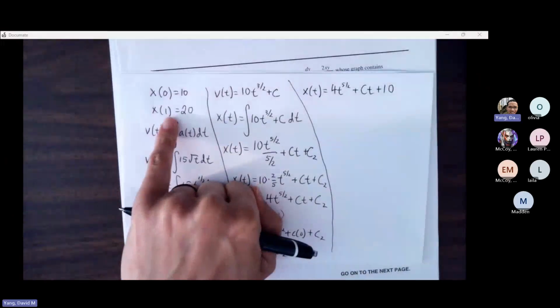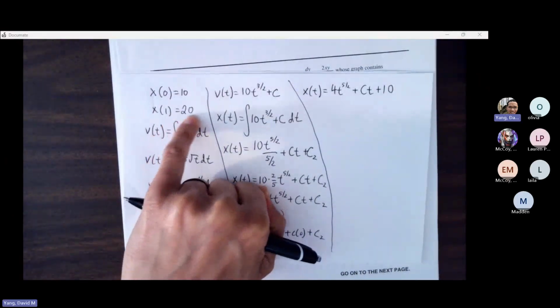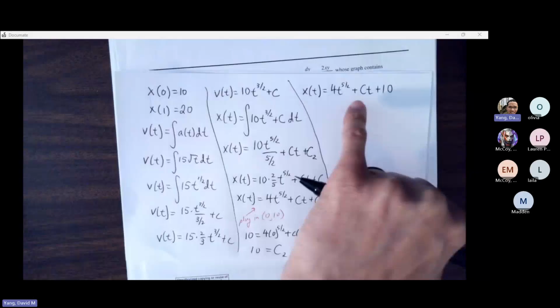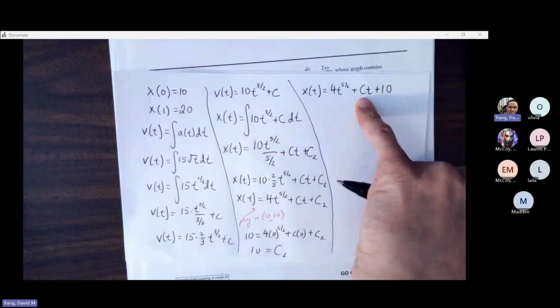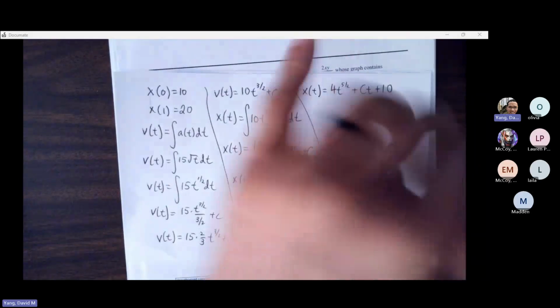So now the second ordered pair can help us out. 1 in for t, 20 in for x of t, and that should allow us to now narrow down to that c value.